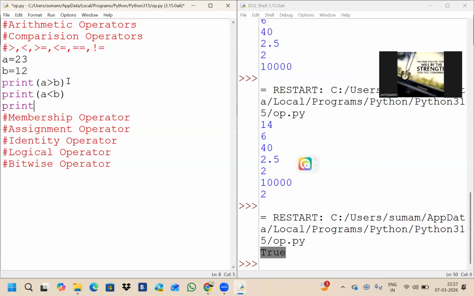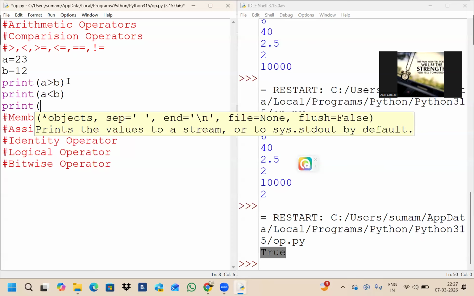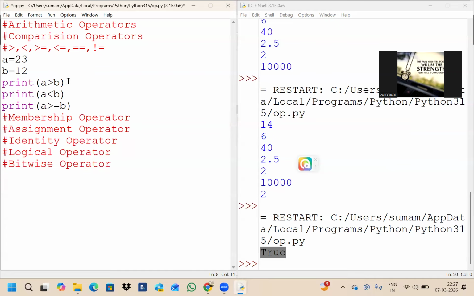The next one is print of A greater than or equal B. Here 23 is greater than or equal 12. 23 is greater than 12 is true.